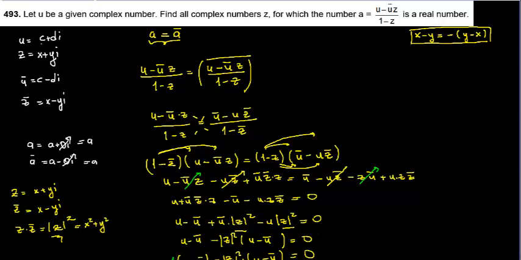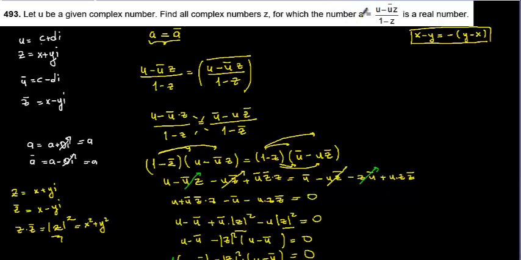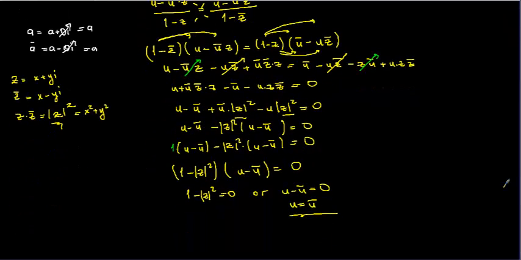Every real number is also a complex number, but I think in this question, if a is given as real, they would especially need to mention that u may also be a real number, but it is not given like that. So I'm going to do it like this: u is equal to u conjugate, or 1 minus z modulus square is equal to 0.